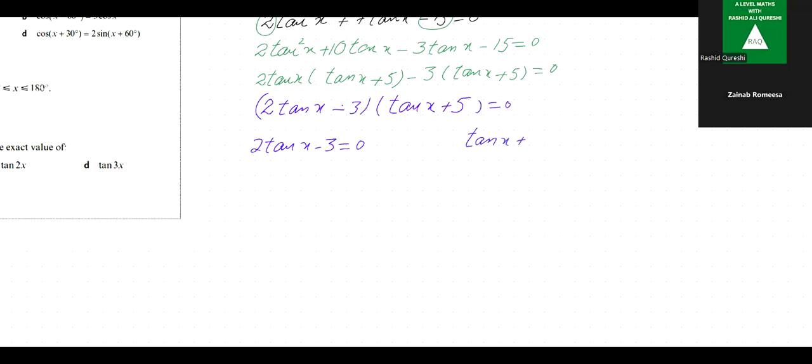So the tan of x, the first answer will be 3 by 2. The second answer will be tan of x is equal to minus 5.